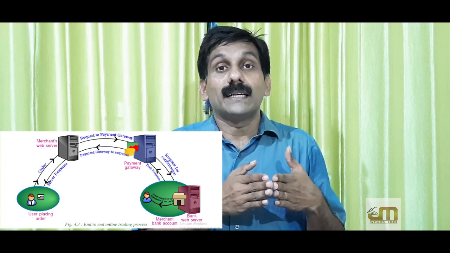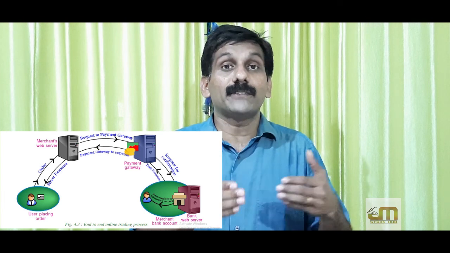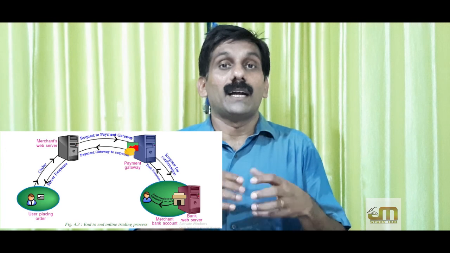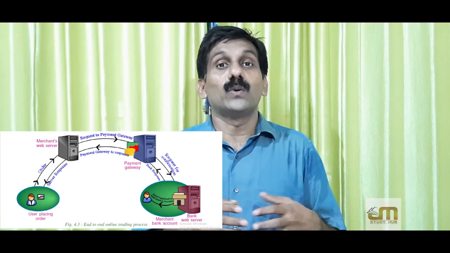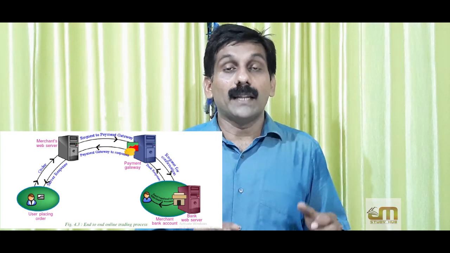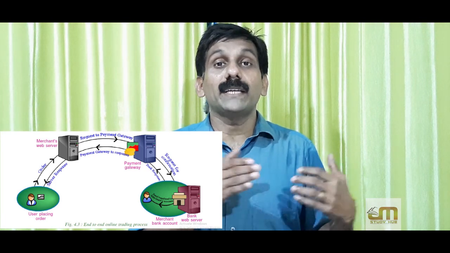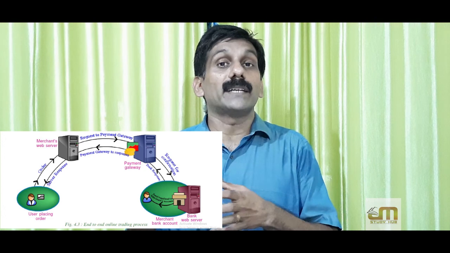And the communication is also an encrypted communication, where the data is converted from plain text to cipher text, which cannot be understood by anybody who sniffs the network. And there is also a payment gateway that will act as a bridge between the merchant server and the bank server. Now let us discuss some of the technologies or terminologies used in web communication.